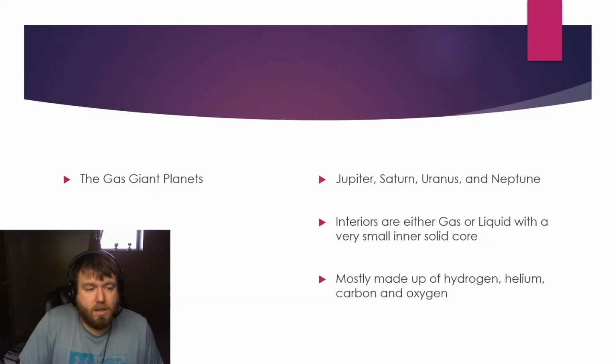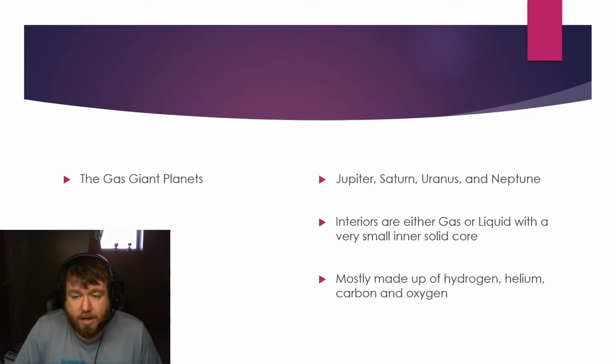Okay, so let's go ahead and get into the lesson for today, the outer planets. The outer planets are also known as the gas giant planets. This refers to Jupiter, Saturn, Uranus, and Neptune. Interiors are either gas or liquid with a very small inner solid core.